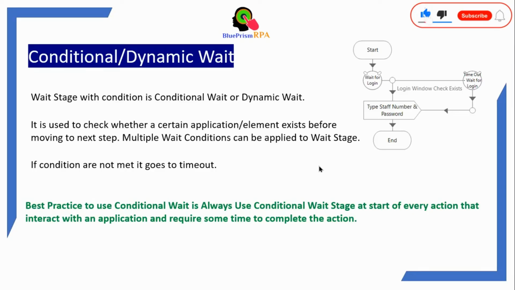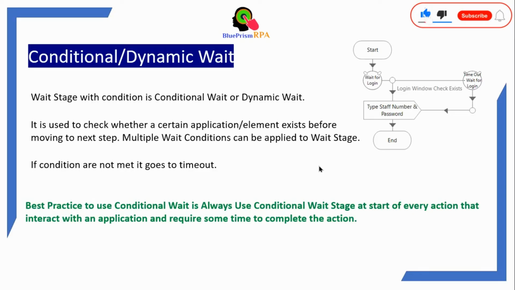So in that type of scenario we can use this conditional wait, because after that another window will be opened. So we always have to check whether that window is opened or not. Or if you are taking launch, then after launching this application, you can also check whether the login window exists or not.